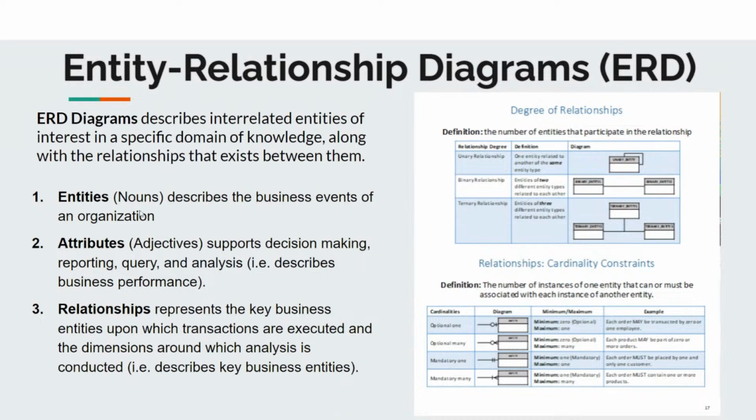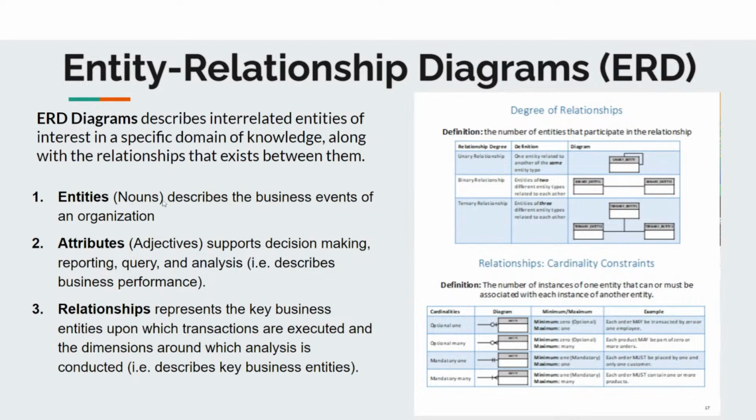So your entities or nouns describe the business events of an organization. These are going to be the tables that you design. Your attributes support decision-making, reporting, query, and analysis. Your attributes are going to be your column names.